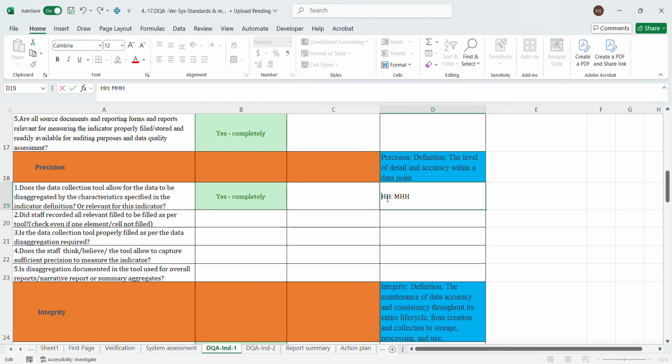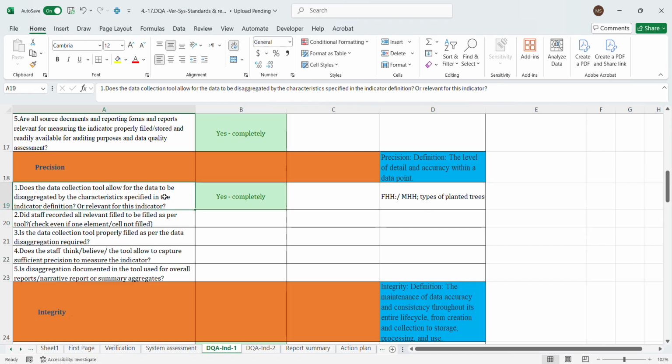Maybe we have such disaggregation or other disaggregation, probably by other factors, for example, types of planted trees, things like that. So if you have such data, you can say yes completely. Otherwise, we can select other factors.